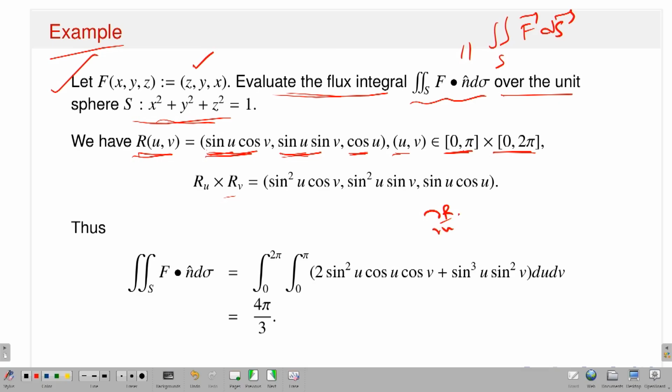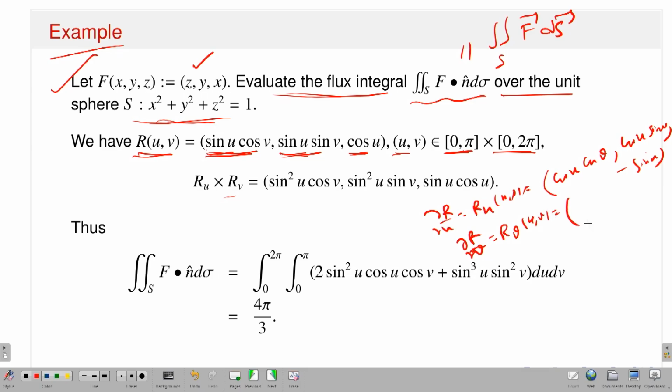So del R del u, which is Ru at the point u v, with respect to u, is cos u cos v, cos u sin v, and minus sin u. This is one vector. And del R del v, if I calculate, this is Rv at the point u comma v, with respect to the v variable: minus sin u sin v, sin u cos v, and 0, because the third component is independent of v, so its derivative is 0.